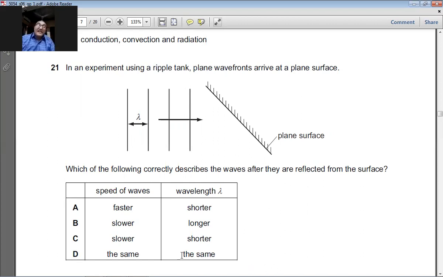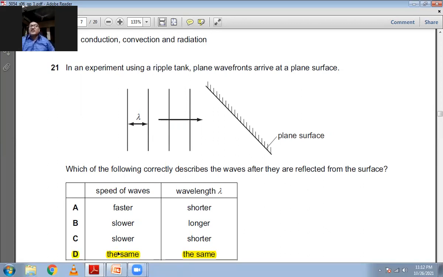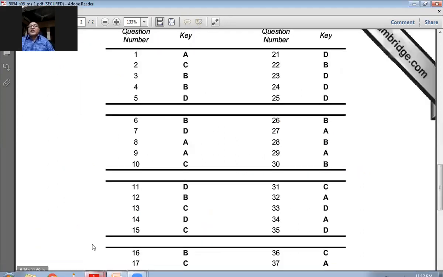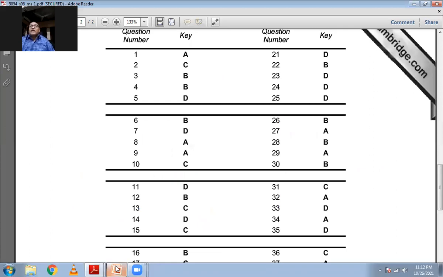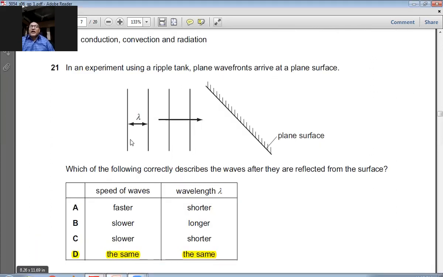So I think D is the right option, sir. Here it says that the speed of the wave remains the same, the wavelength remains the same. So I think question number 21, D is the right choice. Let's check the marking scheme. Yeah, D is the right choice.